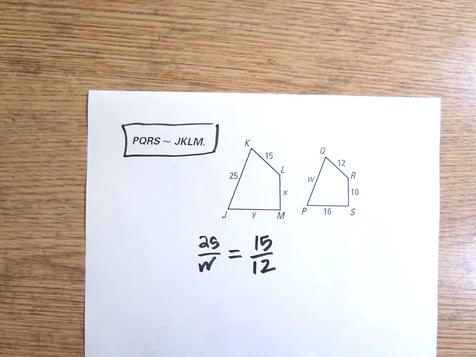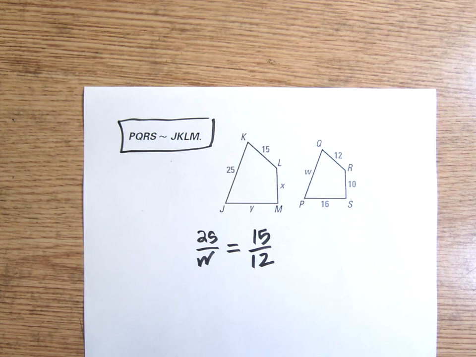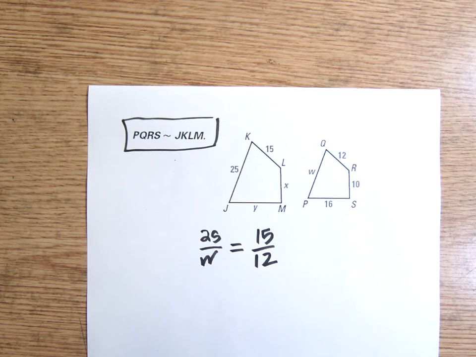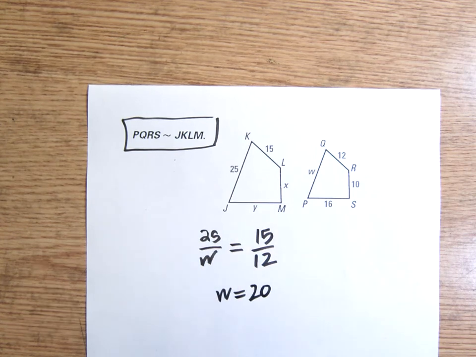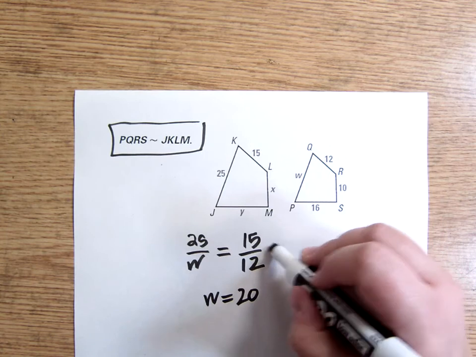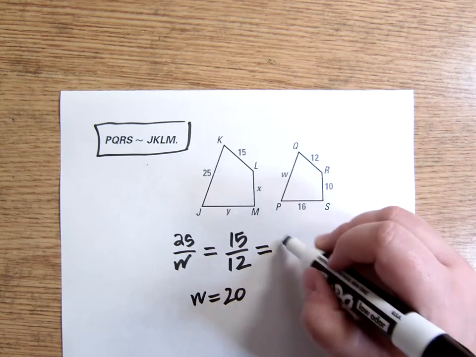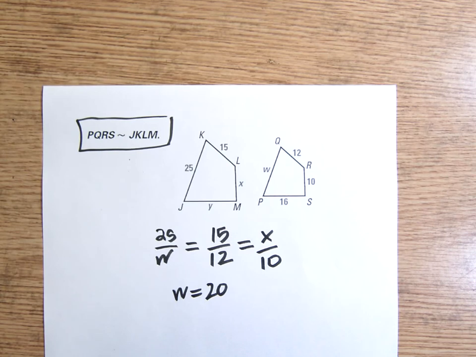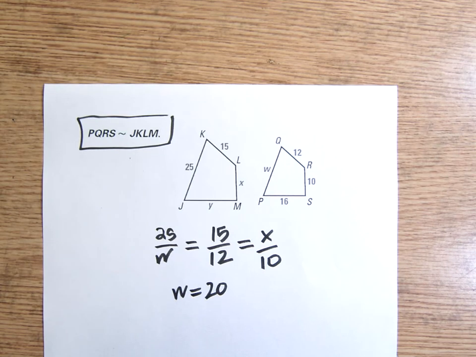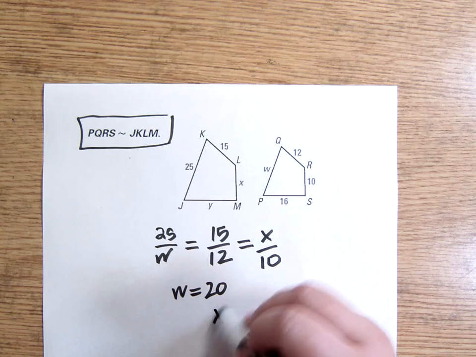When I solve that, and you could pause this and solve that yourself if you want, you should get 20. You should also see 15 over 12 has to equal X over 10. And we can compare that and get, I think X is 12.5.